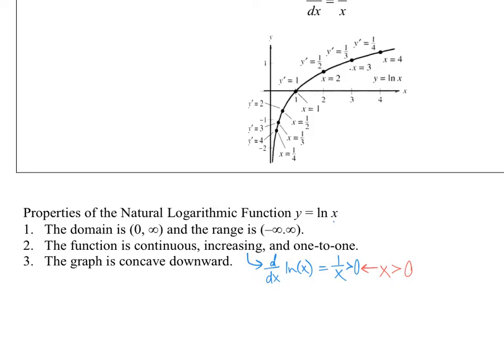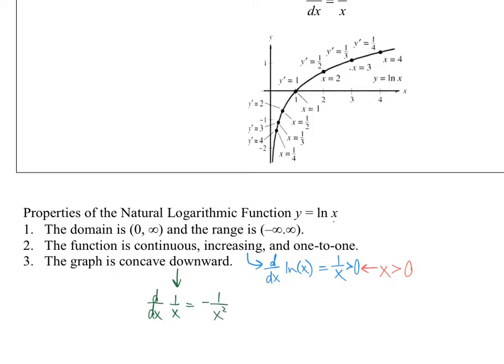Also, notice that the graph is concave downward for its entire domain. Why is it concave downward? Because the second derivative, the derivative of 1/x, is negative 1/x squared.